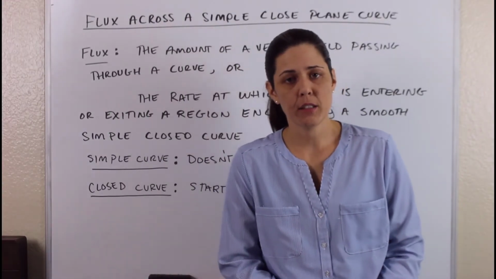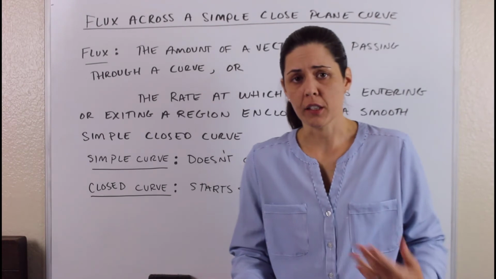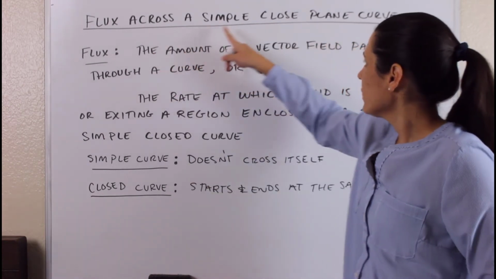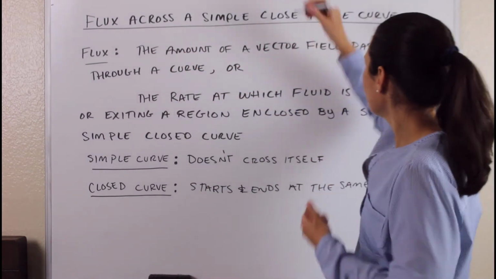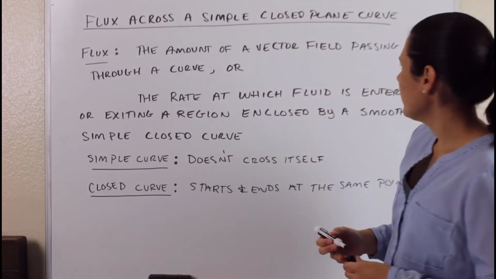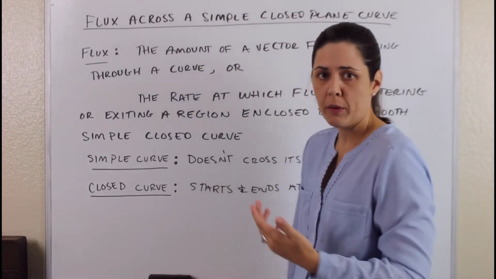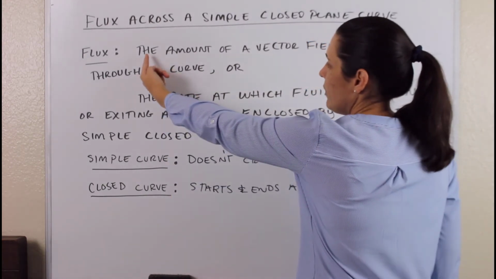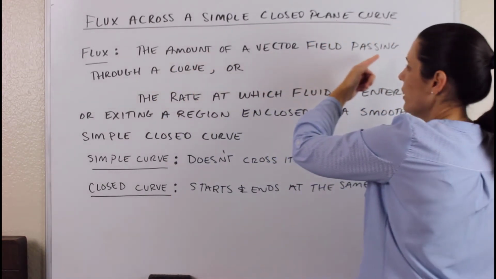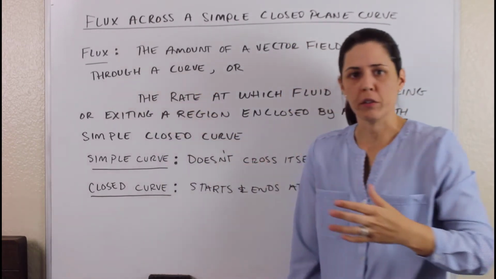The last thing we're going to talk about is this idea of flux. So flux across a simple closed plane curve. You could think of flux in a couple of ways. Here's one of them. You can think of it as the amount of a vector field that passes through a curve.